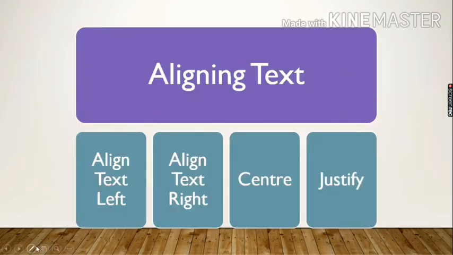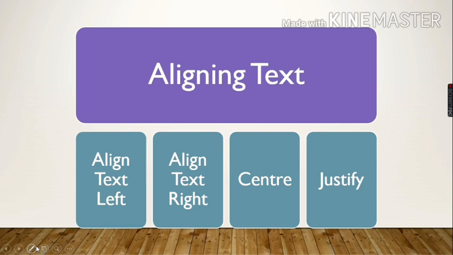Aligning text. Alignment of the text refers to the arrangement of text. To align a paragraph, select it and choose the way you want to align it from the 4 alignment options available in the paragraph group of the Home tab. The 4 possible ways to align the text are: First is align text left. It aligns the text along the left margin.